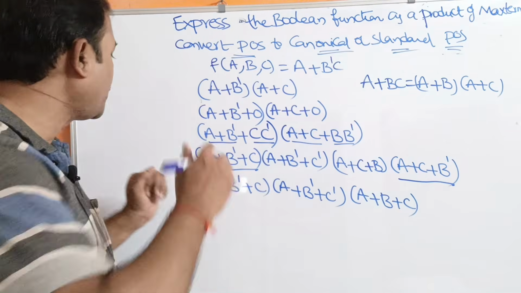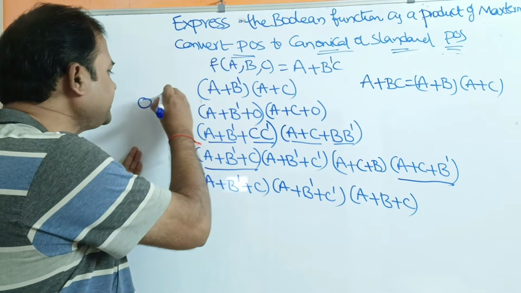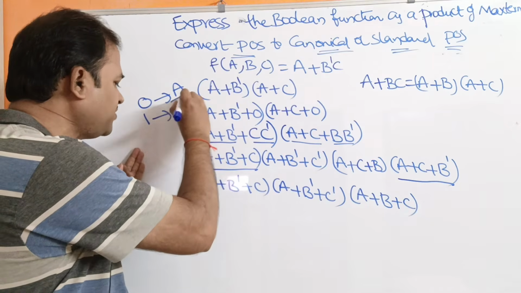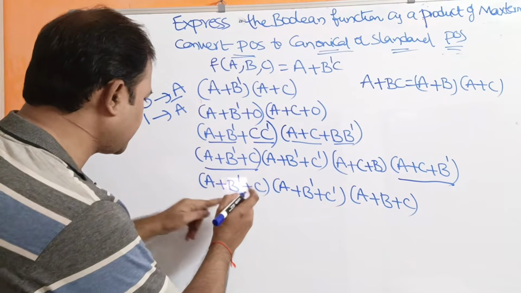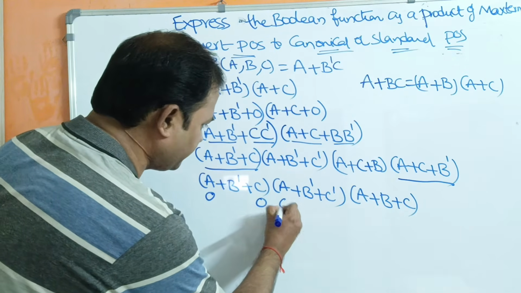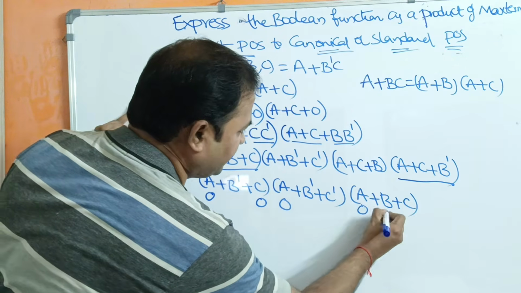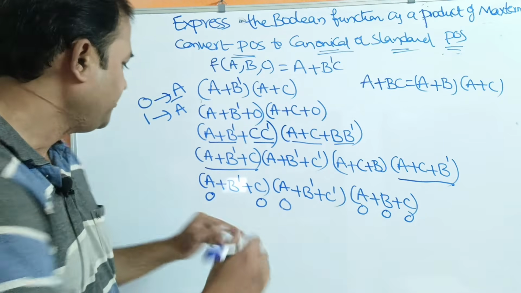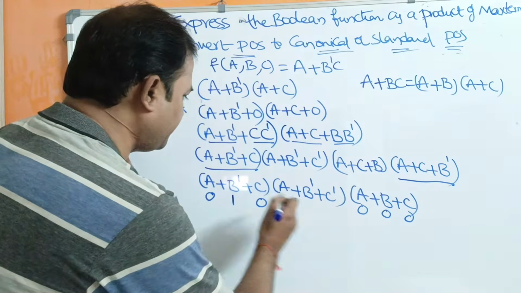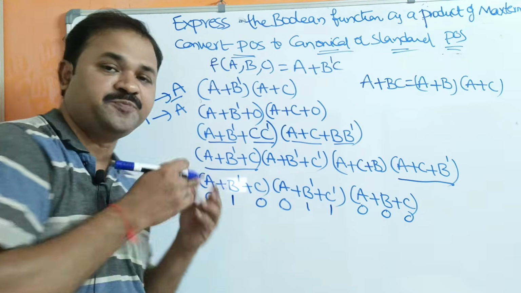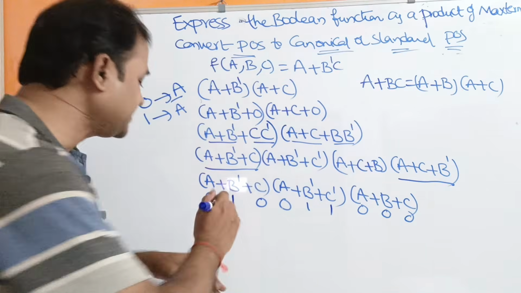We know that in product of sum, 0 means actual variable, whereas 1 means complement of the variable. Next, in product of sum, we write pi.